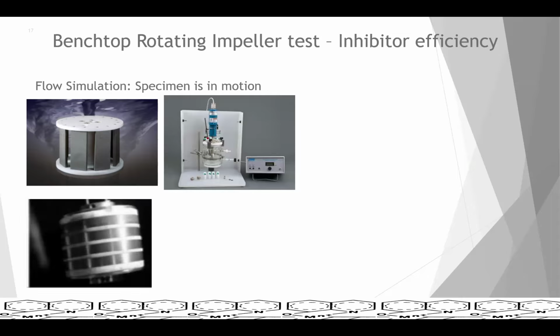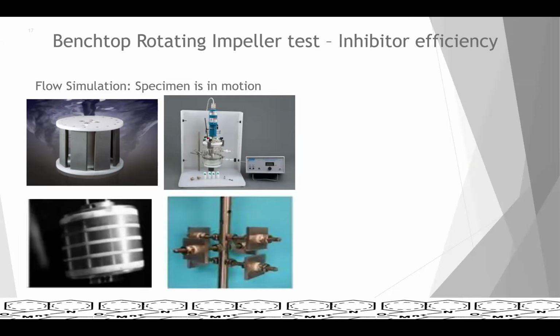Same thing with rotating cylinder without the electrode. The specimen also rotates. And the rotating probe, which we do not use, but in that methodology also, the probe moves. In other words, in this set of laboratory methodologies, when we simulate the flow, the specimen is also moving.